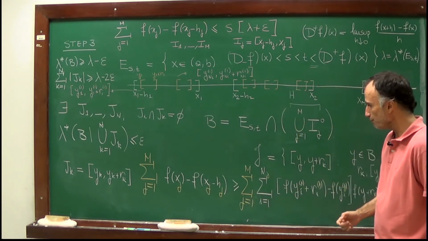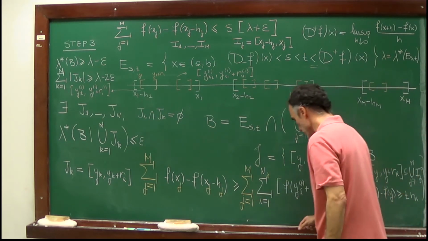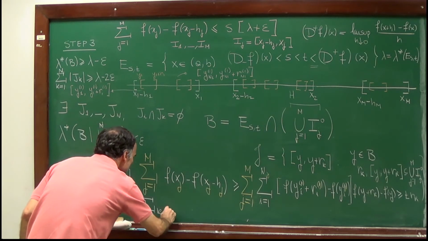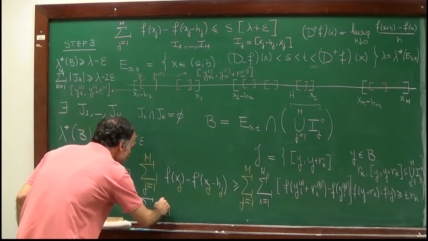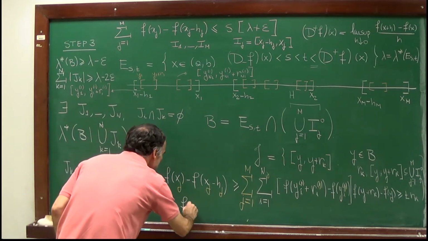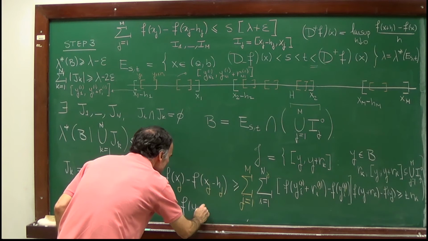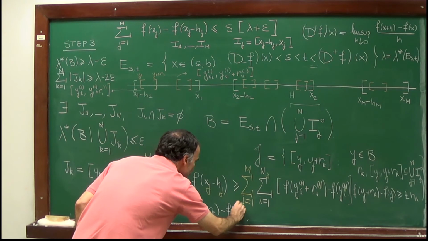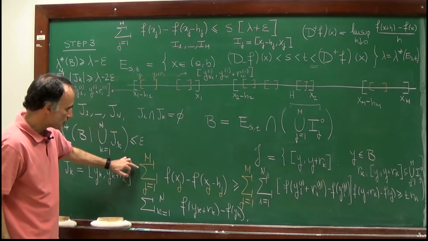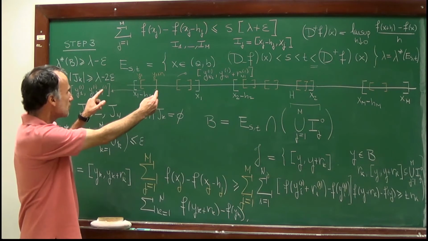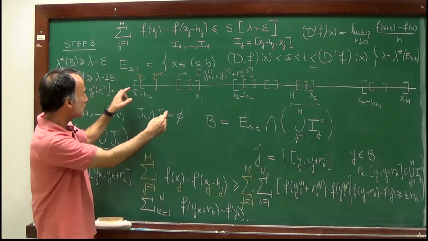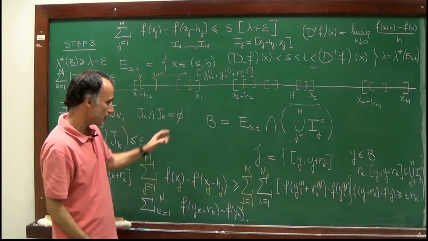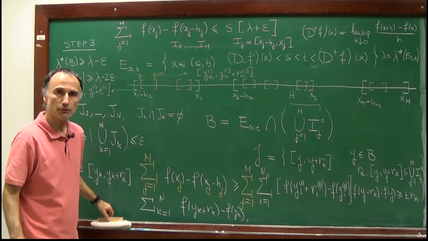This means that what's written on the right-hand side is exactly the same thing as writing the sum over k from 1 up to n, because there are n intervals, of f of yk plus rk minus f of yk. Okay? So what we proved is that the sum of the increments over the large intervals is bounded below by the sum of the increments over the smaller intervals. Okay? I hope you're convinced about that.